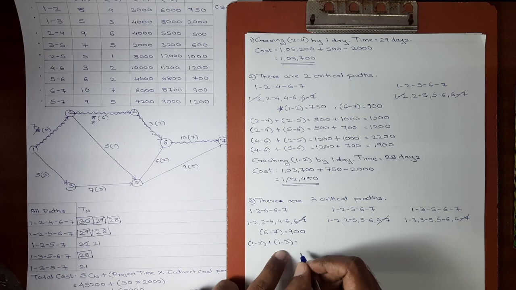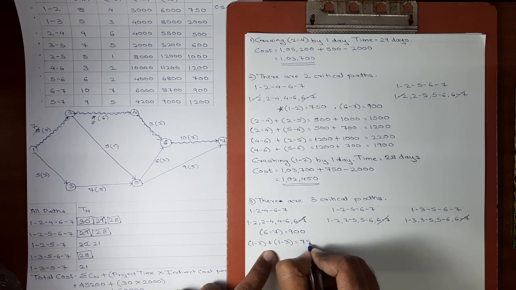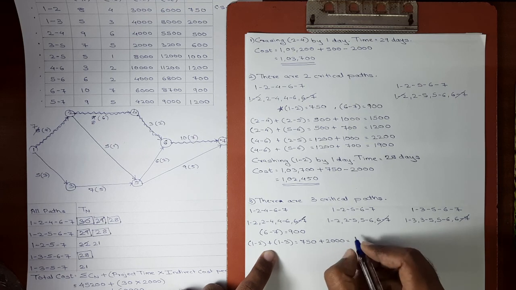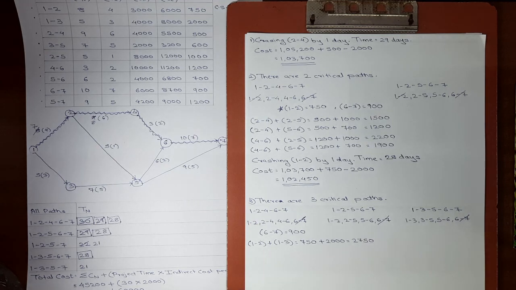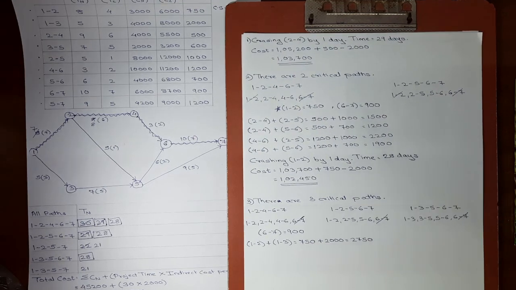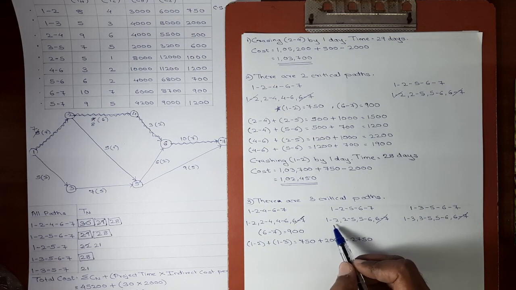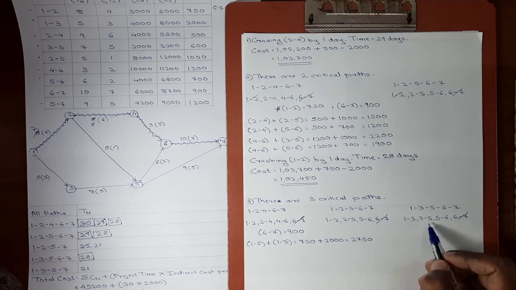Okay, cost slope of 1-2 is 750 and cost slope of 1-3 is 2000. So the total combined cost slope will be 2750. Our next combination will be first activity from first path, first activity from second path, second activity from third path.